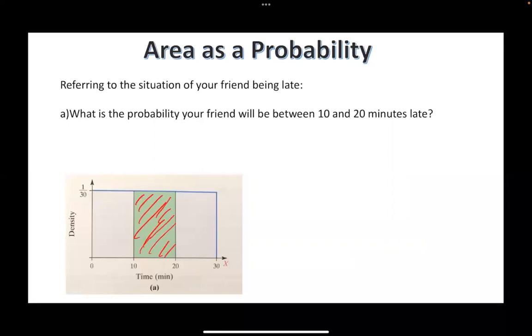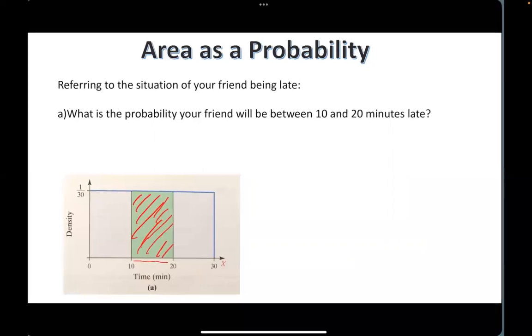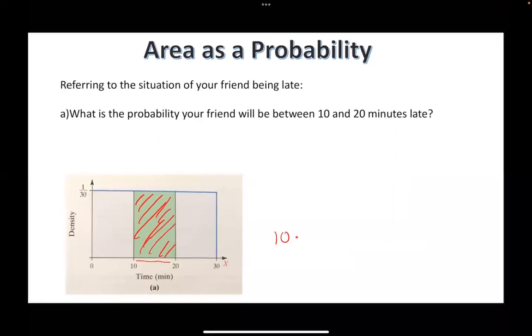So I would take this 10 right here, because 10 to 20 is 10, and multiply it by 1/30. 10 times 1/30 equals 10/30 or 1/3. So the probability of being 10 to 20 minutes late is 1/3 or 33.3%, because that's 1/3 of my graph. So that would be that probability.